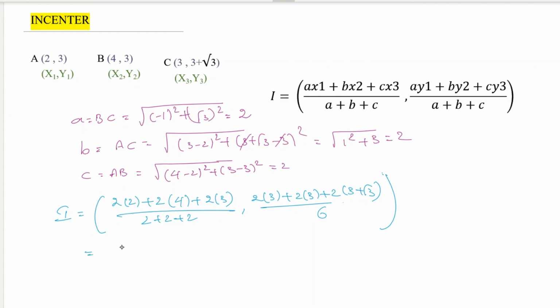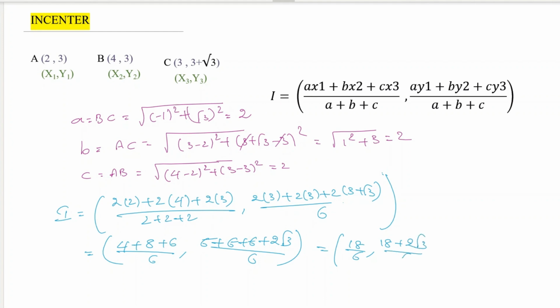To simplify this, 2 into 2 is 4, then 2 into 4 is 8, plus 2 into 3 is 6, upon 6, comma, again 2 into 3 is 6, 6 plus 6 plus 2 root 3, upon 6. Now this will be equal to 4 plus 8 is 12 plus 6 is 18 upon 6, comma, we have 18 plus 2 root 3 upon 6.